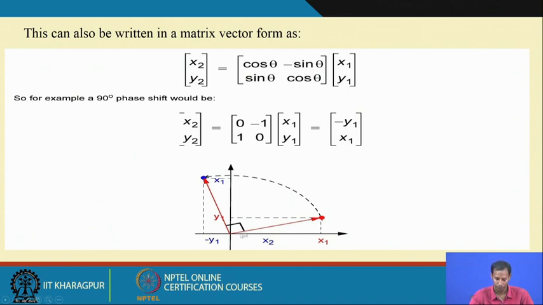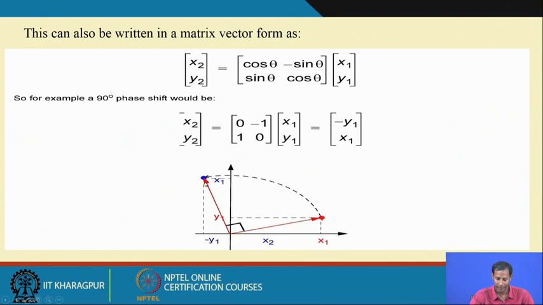Here you see, if this is the initial vector, x1 and y1, then after the 90 degree shift the position will come over here. So, this one is minus y1 and this one is x1.